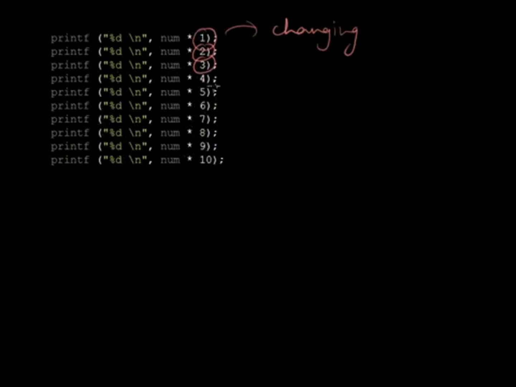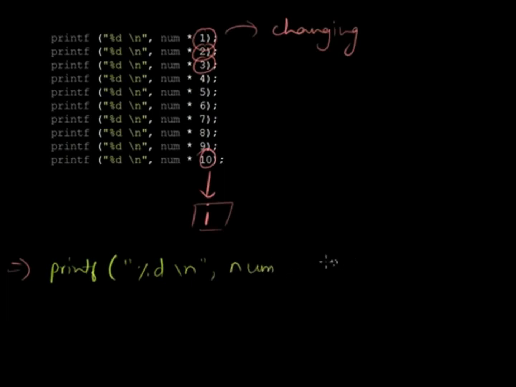We have the same thing. So what we can do is we can put this changing, varying constant into one variable. Let's name that I, and write a single statement like this. We can write printf, and then as it is written %d \n, and then we can print num into I.